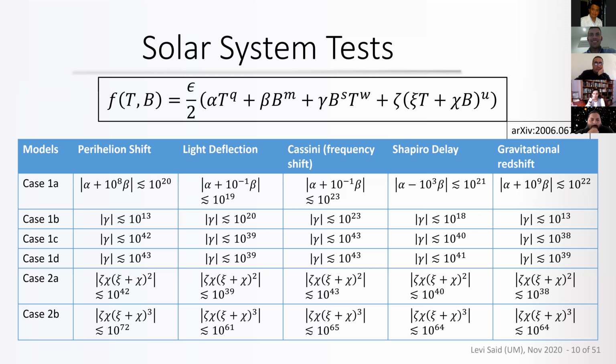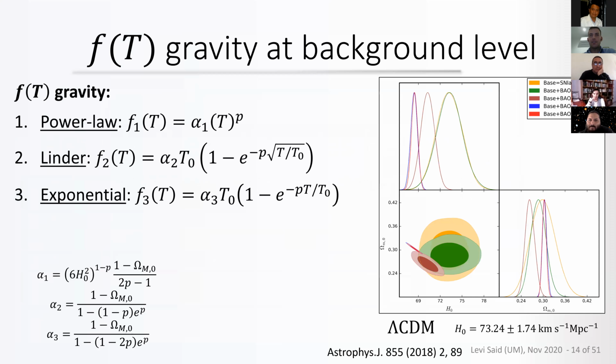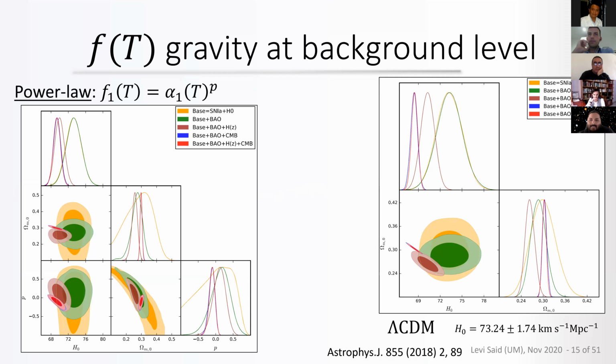It is very well known that when you consider the data from CMB, there is a clear anti-correlation between the amount of matter, omega m, and the H0 parameter. You can see it in the lambda CDM posterior. Once you include the CMB data, your 2D posterior shows an anti-correlation between these two parameters.